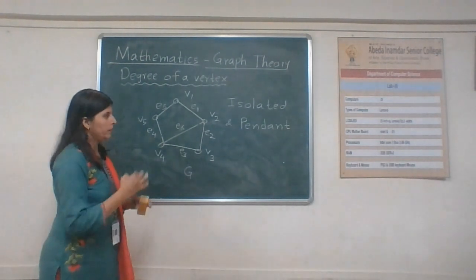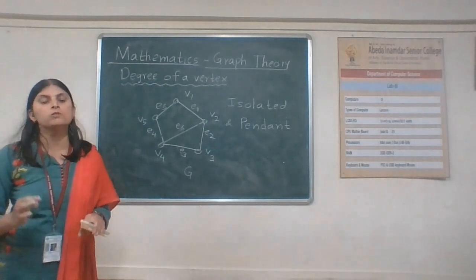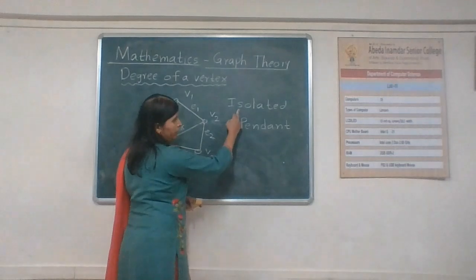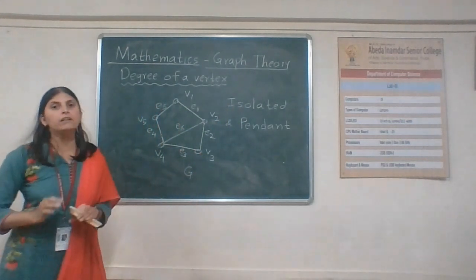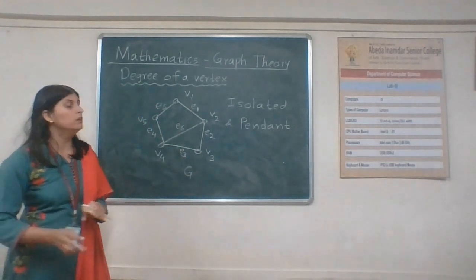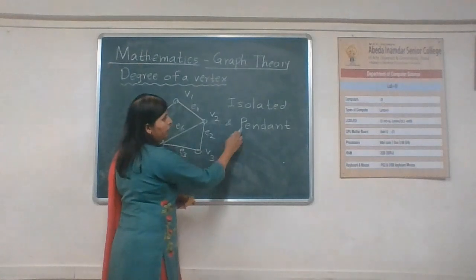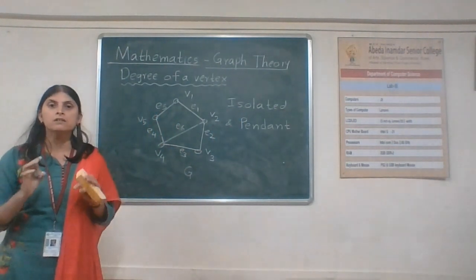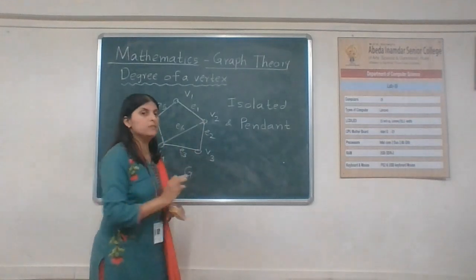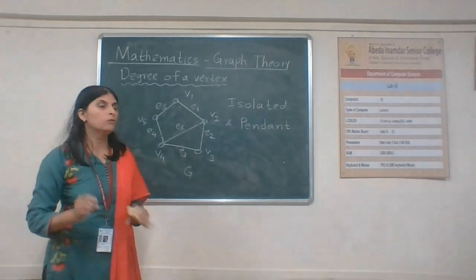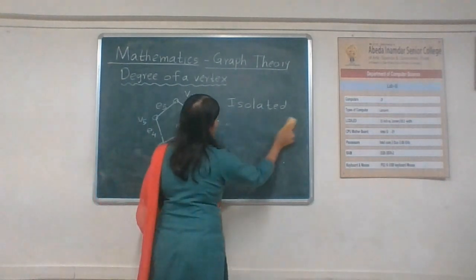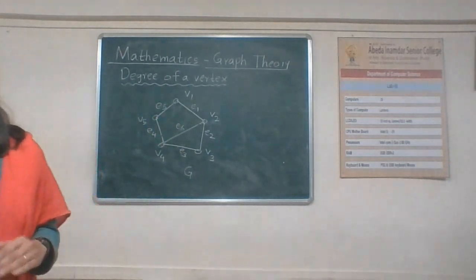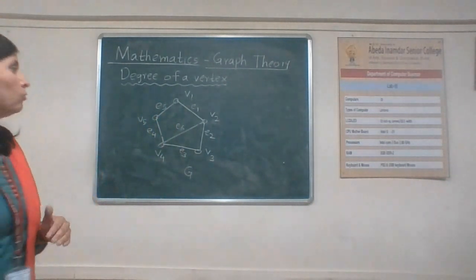It means mathematically a vertex whose degree is 0 is called an isolated vertex and a vertex whose degree is 1 is called a pendant vertex. So isolated means degree of that vertex is 0 and pendant means degree of that vertex is 1. Now in this graph G, there is no vertex of degree 0 as well as no vertex of degree 1.